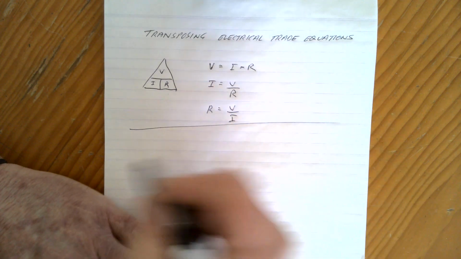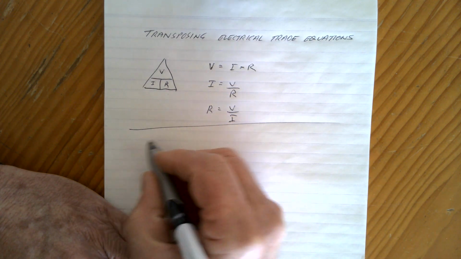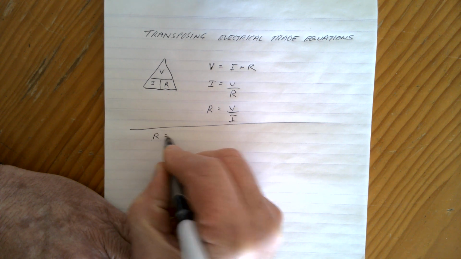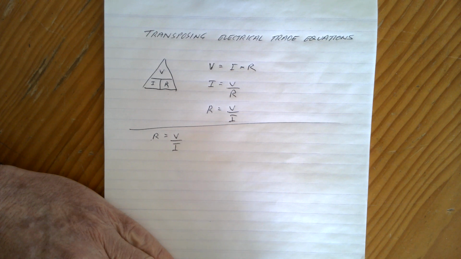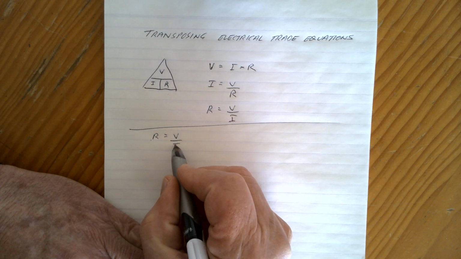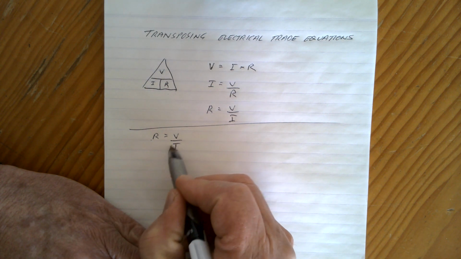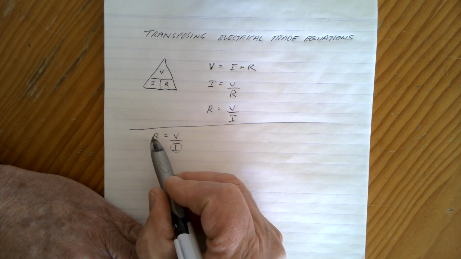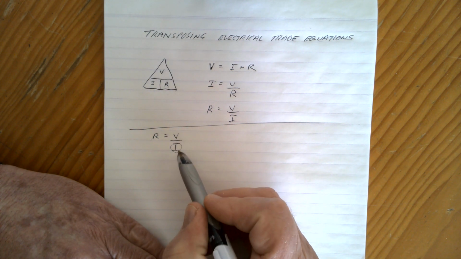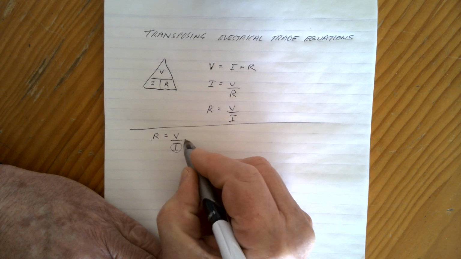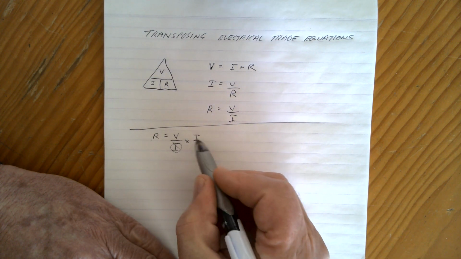When we look at the actual process of transposition used in that triangle, if we start with the Ohm's law equation of R equals V divided by I, voltage divided by current, and we want to make V the subject of the equation, we want to move that I to the left-hand side of the equal sign. Because it's V divided by I, we can multiply this by I, and the two I's cancel out.